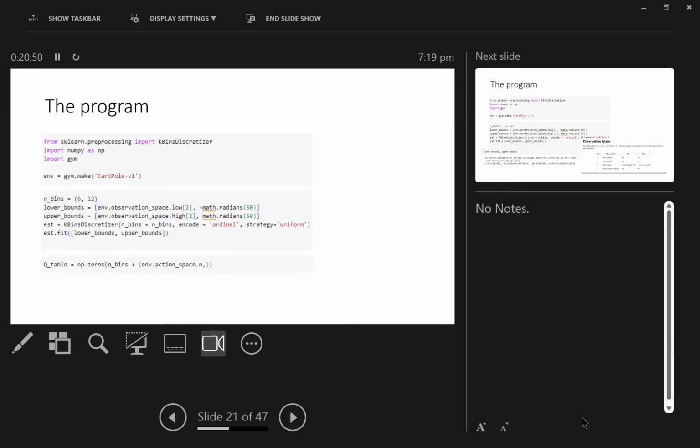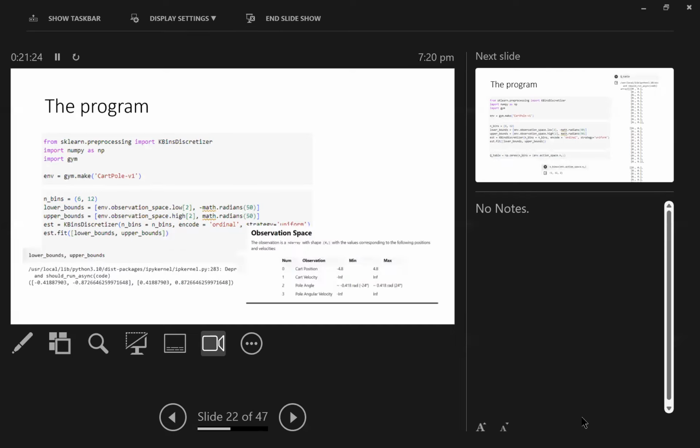So after this one, you just call the discretizer, estimator fit, and then call fit on this lower bound and upper bound. Basically, you don't need to worry too much about the underlying operation. But what you get will be something like this. When you call this one, then later you can imagine that you have a new state that will give you the number for pole angle and pole angular velocity.